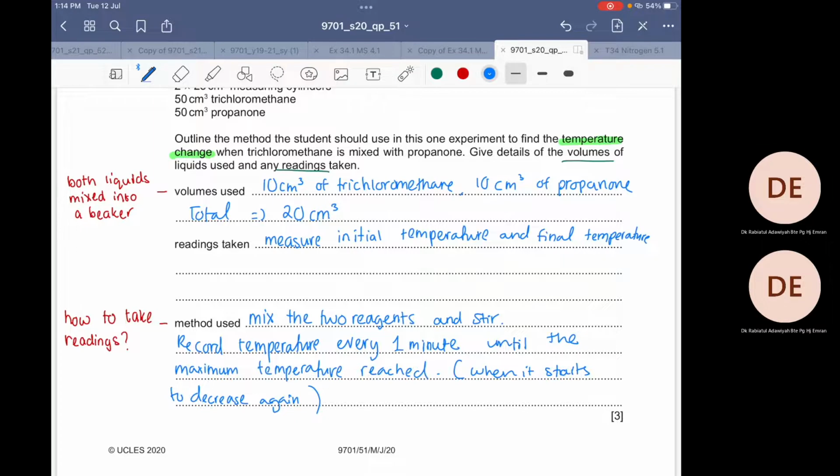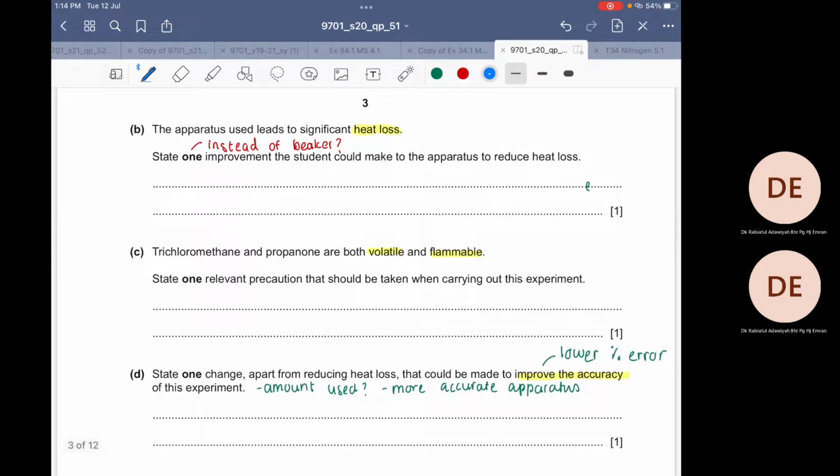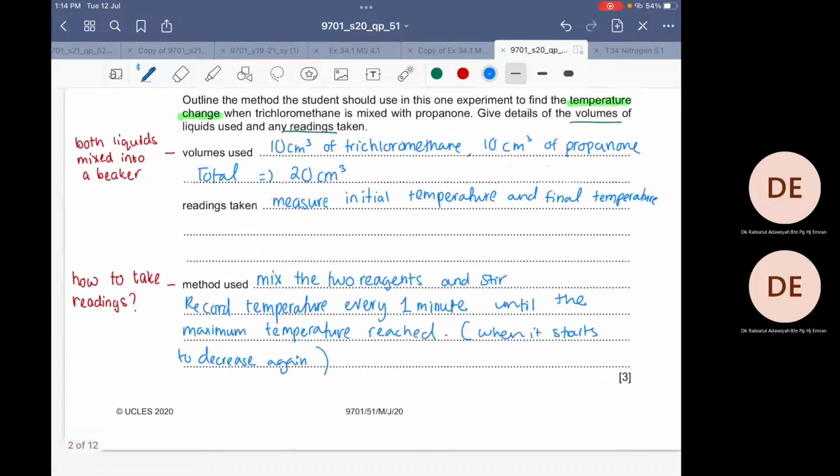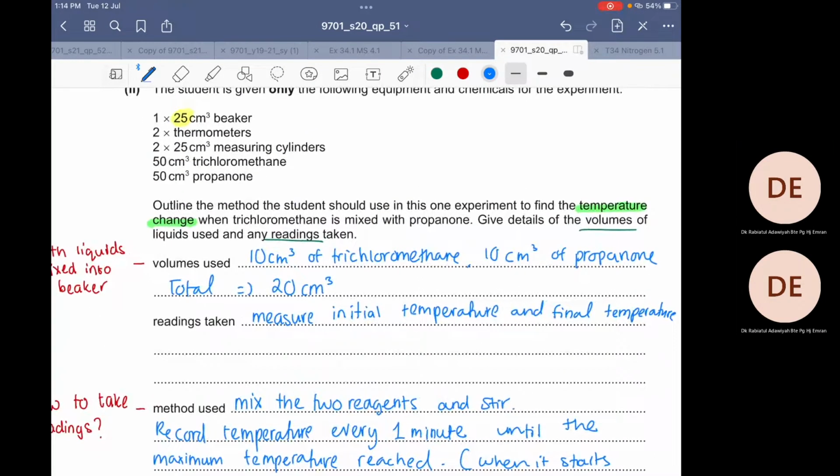Okay, Alicia, okay? The apparatus used leads to significant heat loss. So what apparatus are we using here? Our only concern is the beaker because that's where we mix the solution, and that's where the reaction happens.